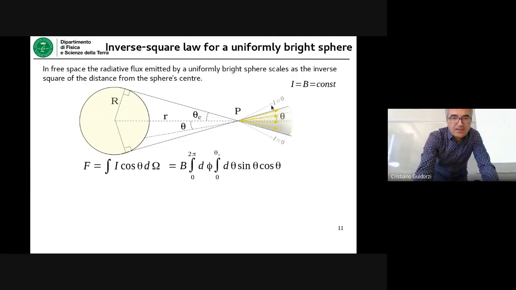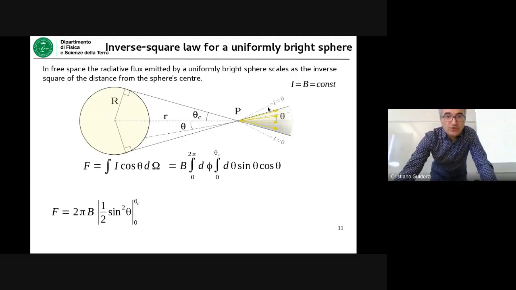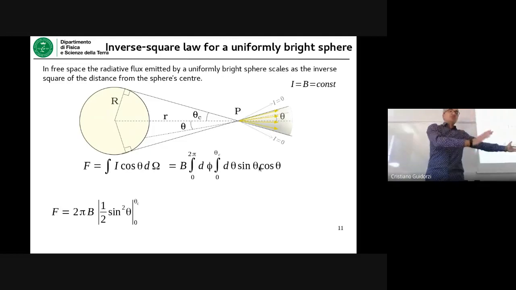Okay. So working out this integral, you gain a factor of 2 pi from the phi integral, and the integral of sine theta cos theta, an easy task, is just 1/2 sine squared, calculated between theta c and 0. But what is sine theta c? Let's have a look at the figure.